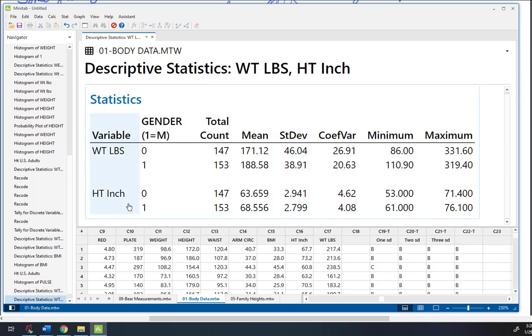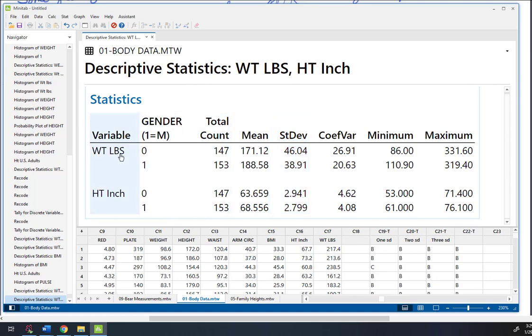If we look at the height of men, the average is 153, no, that's the count. The average is 68.56 inches, and the standard deviation is 2.799. So what I'm telling you is this 46, the standard deviation of women's height, that would be women's weight, wouldn't it?